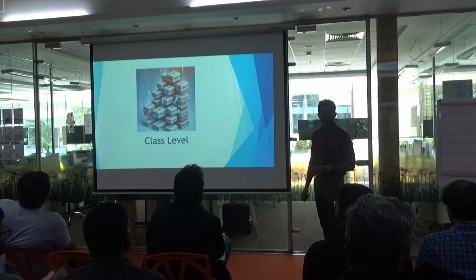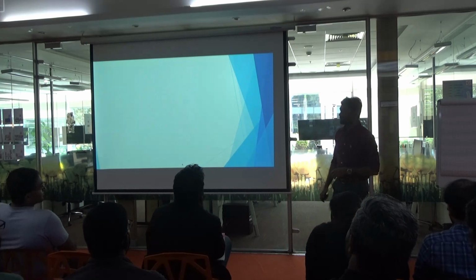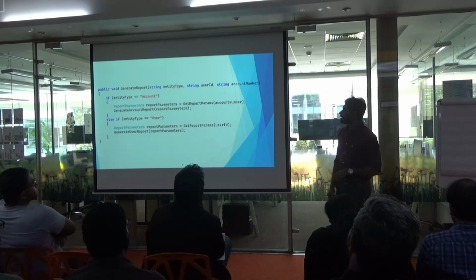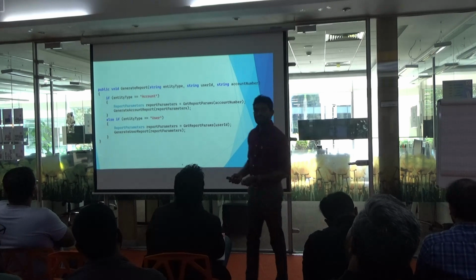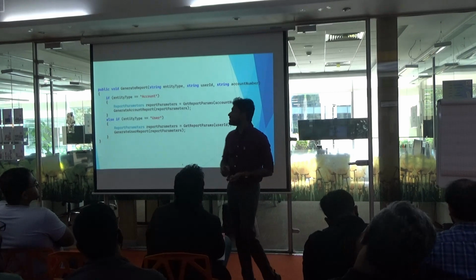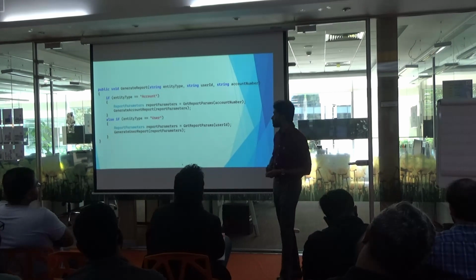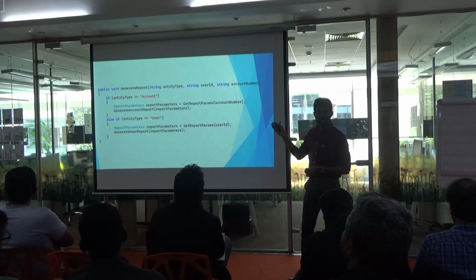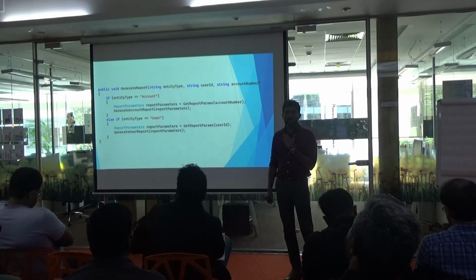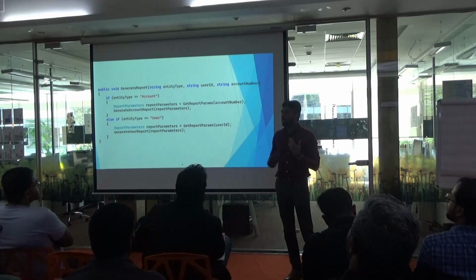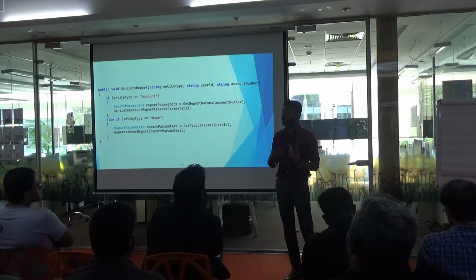Then to the next level. The next level is the class level. So now there's a new requirement. My product manager comes and tells me the report has to be generated at 2 levels. One is at the user level. Assume that Pandian holds a bank account. As a user, I hold many accounts.